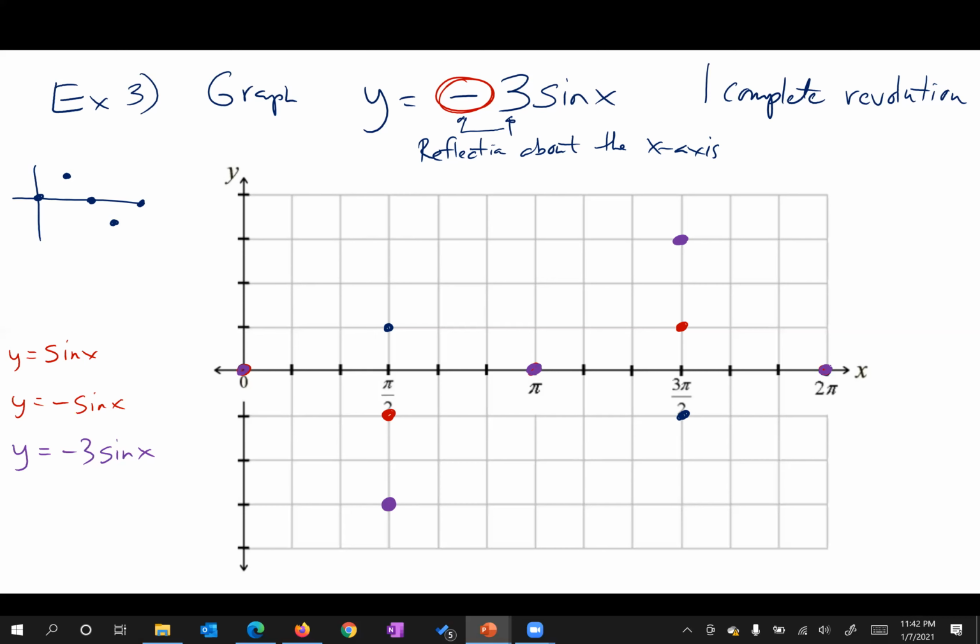So there it is. My -3 sine x curve goes like this. It's going to go down, touch, come back up, and down. And it's an upside down sine curve. That's it. Upside down sine curve with amplitude 3.